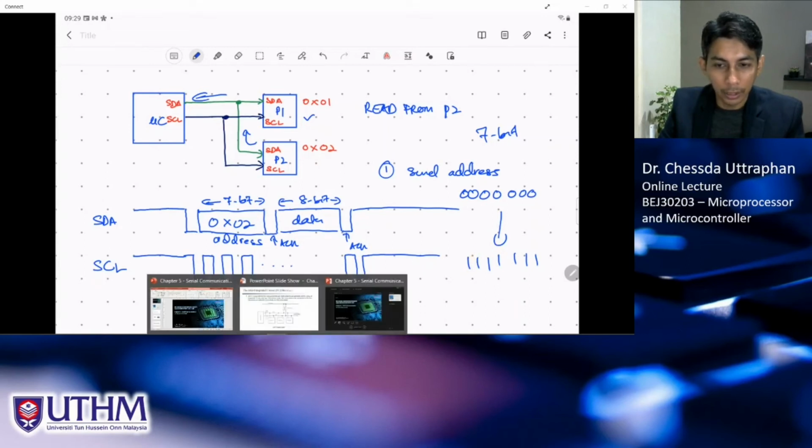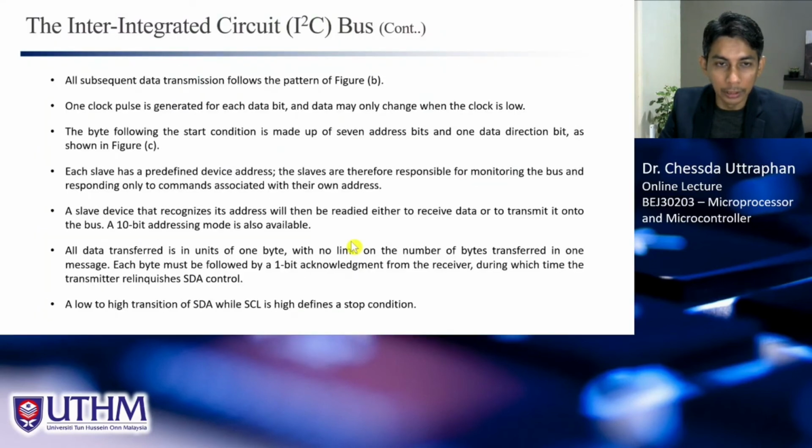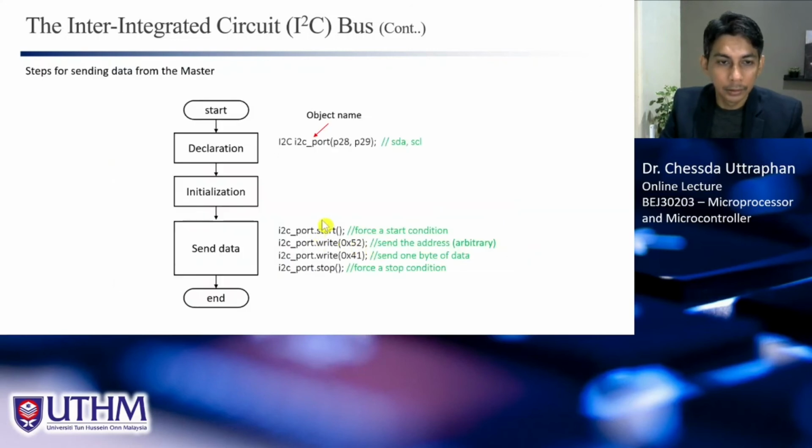Now we will look at how we use I2C in the Mbed microcontroller. This is the process where we need to specify the object name and the port or the pin that we want to use.